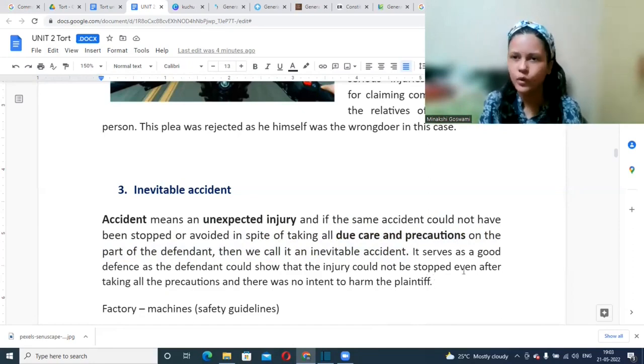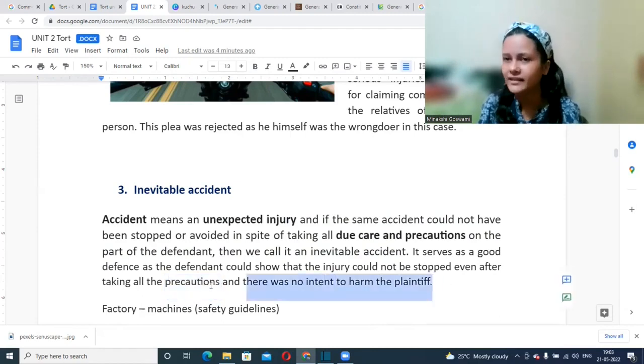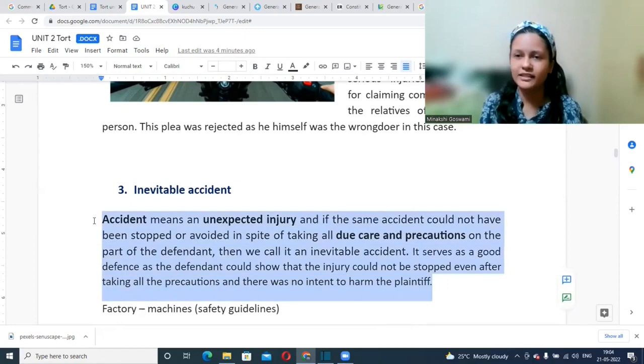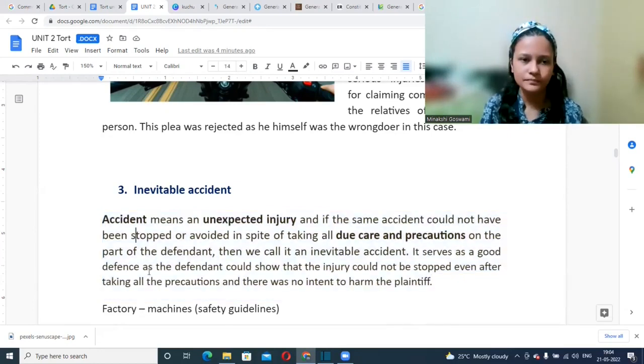He can prove that, okay, I was taking all the care and all the precaution that I could have taken, but I could not stop it from taking place even after that, and I did not have any intention to harm the plaintiff. It's just that the situation itself was such that it just happened. This is called inevitable accident.